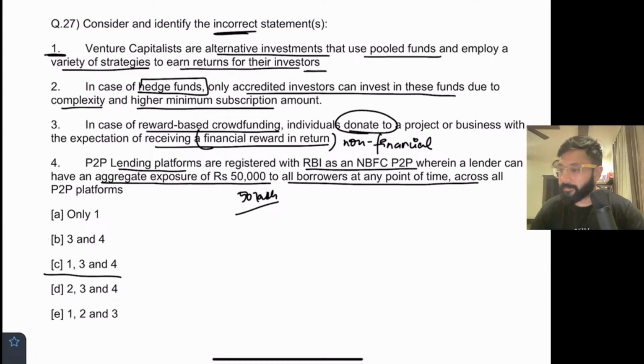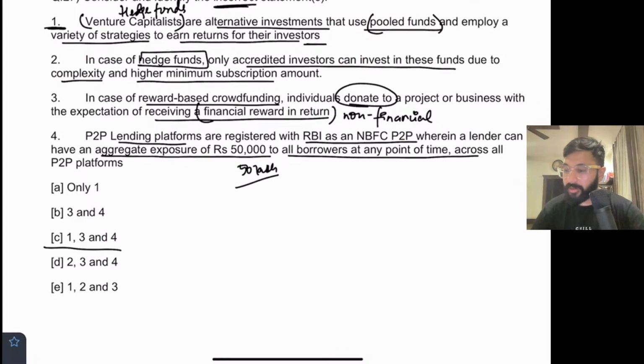Venture capitalist. वेंचर कैपिटलिस्ट कभी भी फंड्स को पूल नहीं करते. They invest. हेज फंड्स आर द वंस हु पूल फंड्स ऑल्टरनेटिव इन्वेस्टमेंट्स में करते हैं, जिससे कि इन्वेस्टर के पैसे को बढ़ाया जा सके. Yes, so 1 is also incorrect. The answer is option number C.